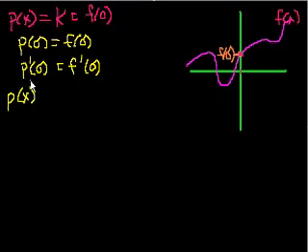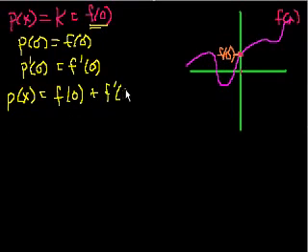Actually, the first example we're going to do is probably the coolest one. So what if p of x is equal to, well, the constant term is f of 0, and then plus the derivative of this function, so the slope of this function at that point, f prime of 0 times x.